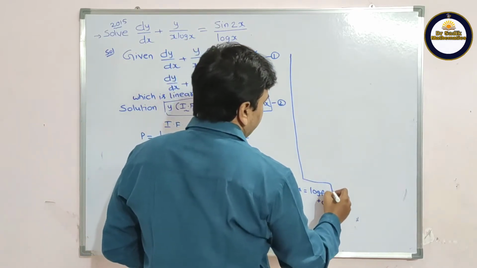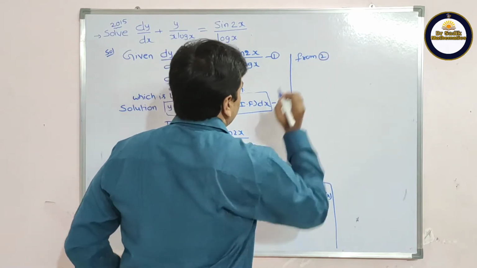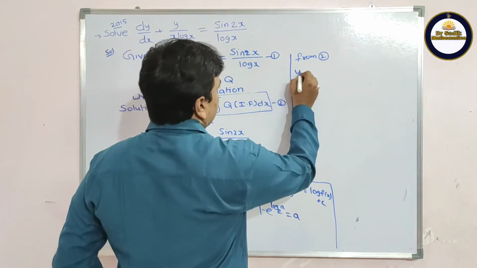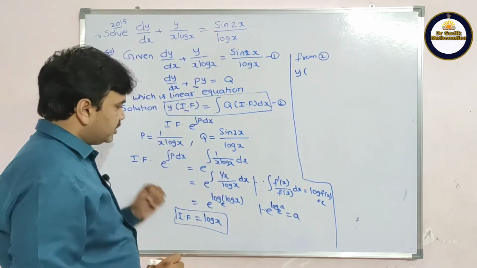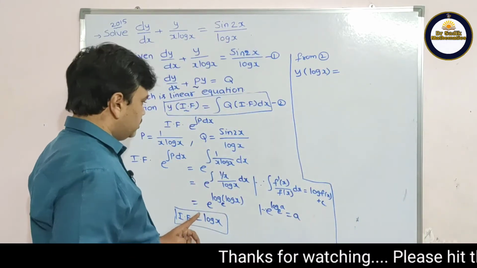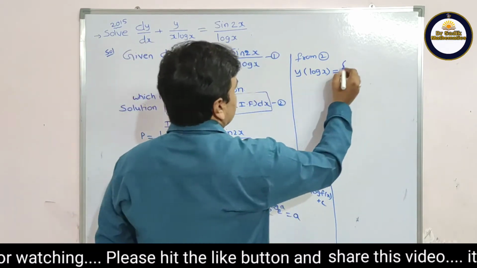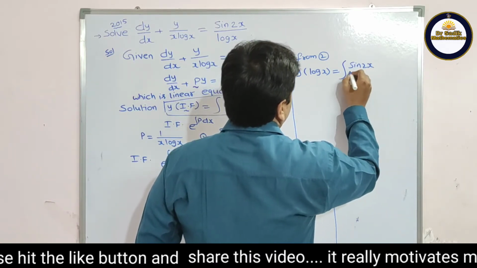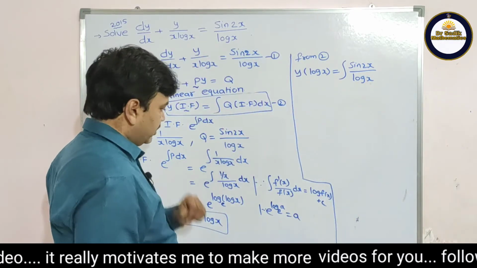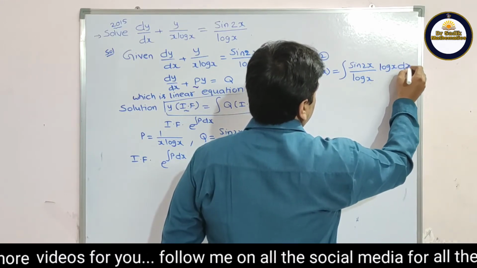Now I want to find the solution, friends. From 2, this is the solution: y into integrating factor, where the integrating factor is log x, is equal to the integral of q into integrating factor into dx. q is sin 2x by log x, into integrating factor log x, into dx.